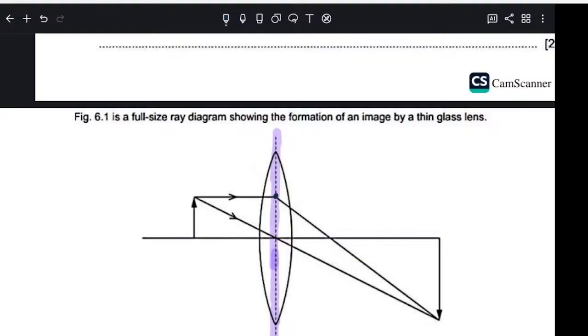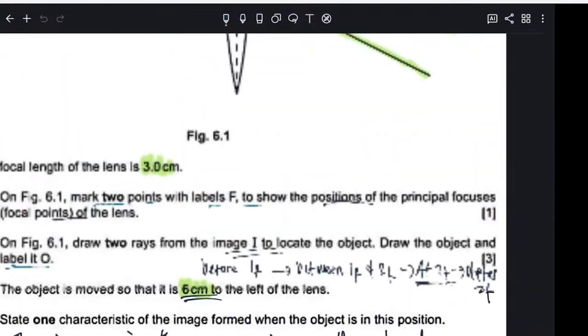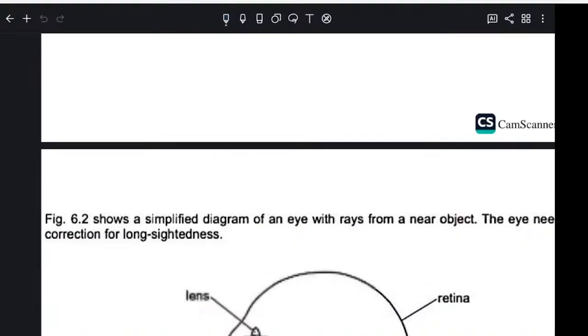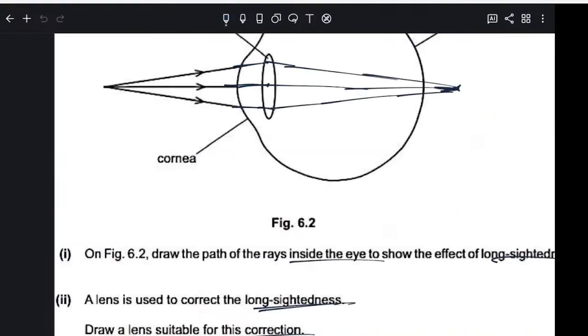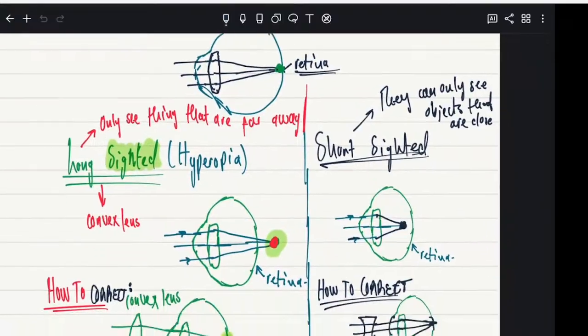I should go back to the second question. Yes. The long-sighted man, when we draw what?